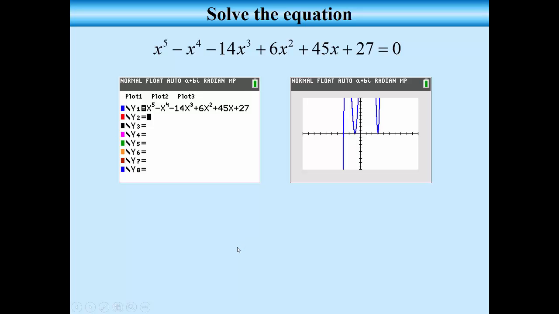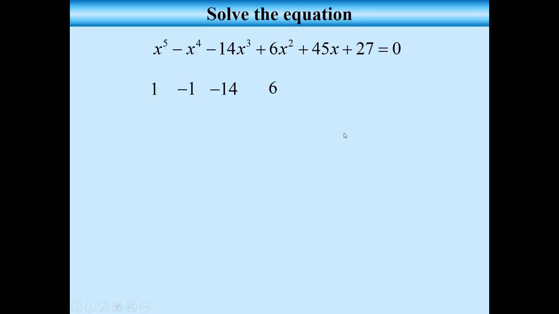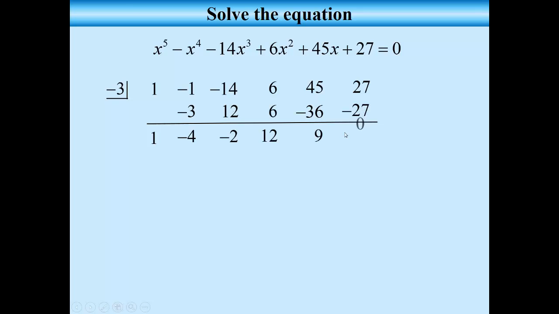Here's one that we're expecting to have 5 answers. I've already typed it and drawn the graph. Obviously, -3 is one of them. So if we do synthetic division with -3, the 0 means yes, it is indeed a solution.